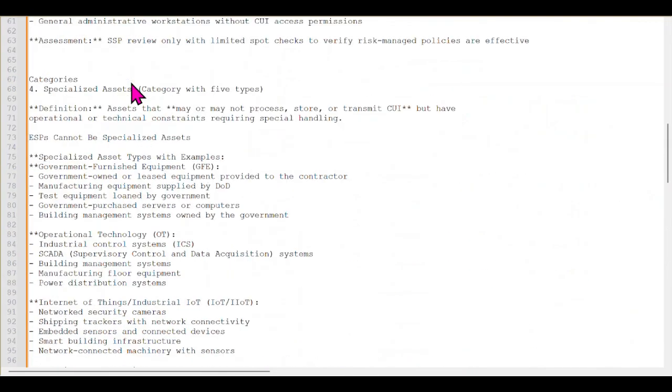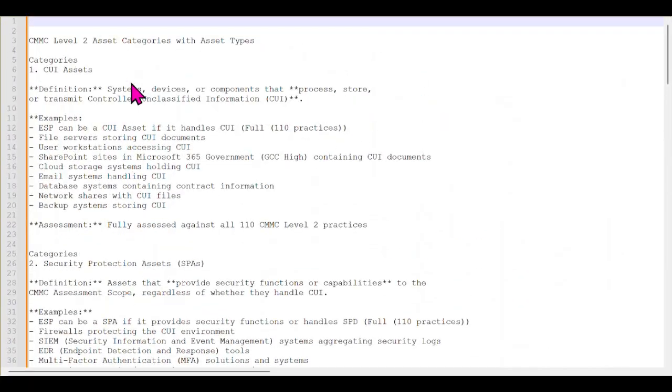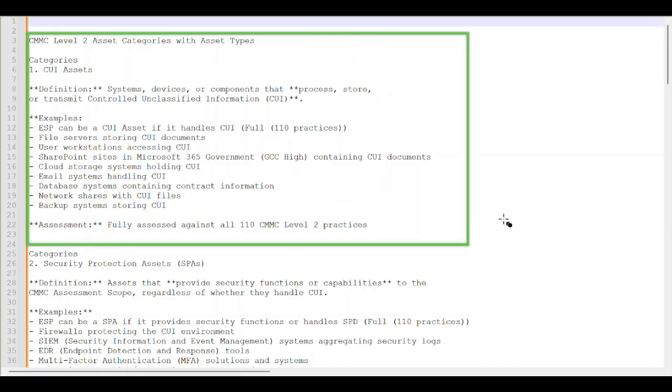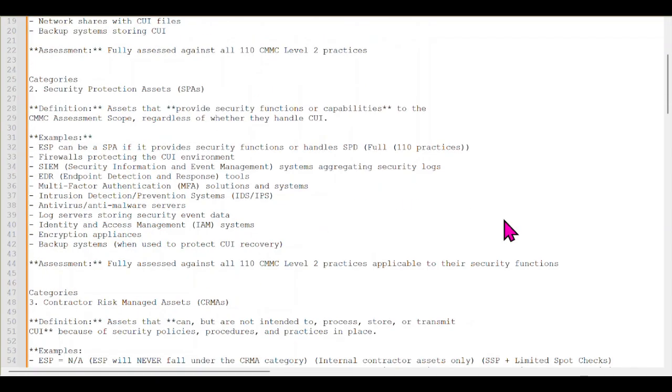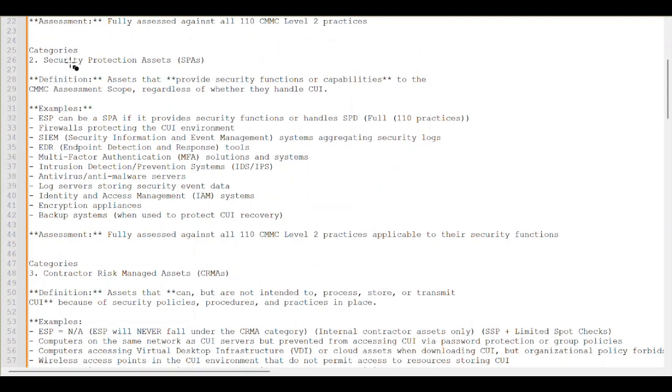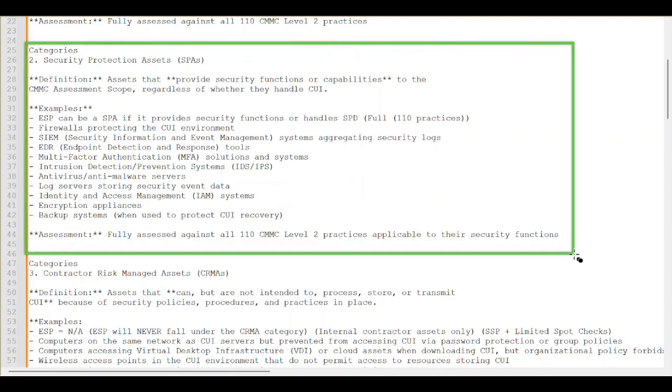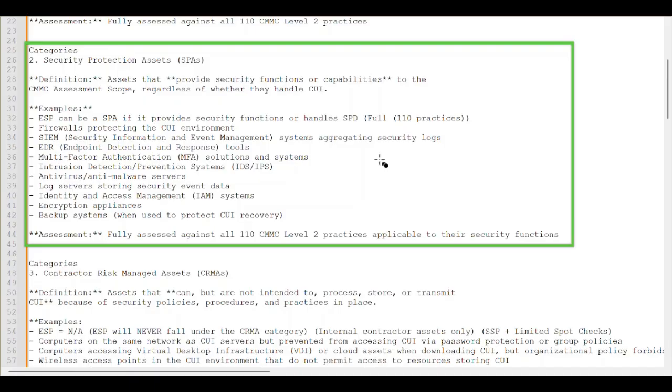It controls who gets in. Precisely. Firewalls, SIEM systems that are gathering all your security logs, your identity and access management tools, all of these are non-negotiable SPAs. And the assessment for them is maximum rigor, fully assessed against all 110 practices that apply to what they do. So categories 1 and 2, the CUI handlers and the CUI protectors. That's the foundation of your secure environment.